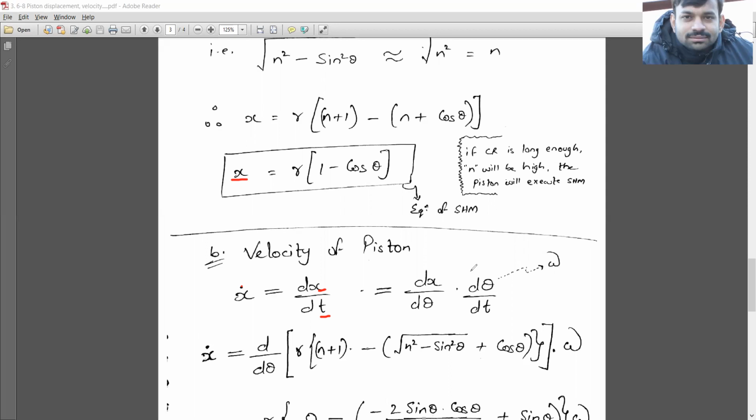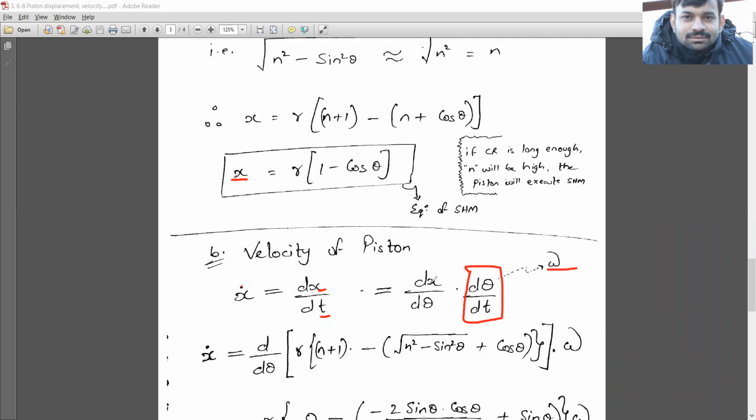Okay, and we know this, that d theta by dt will be omega. How? Because theta is the angular displacement, and displacement with respect to time is called velocity. Okay, so this angular displacement with respect to time will be angular velocity. So this d theta by dt will be equal to omega.